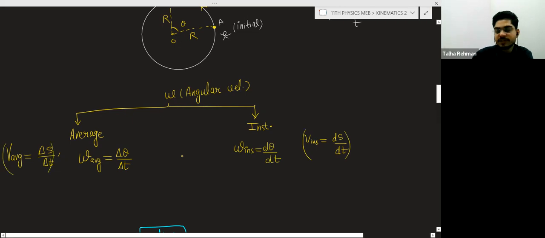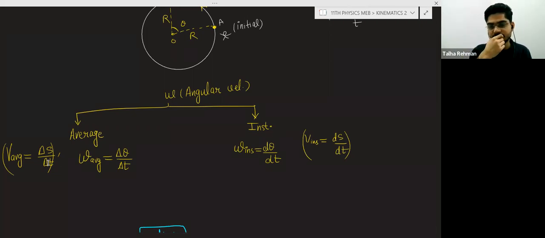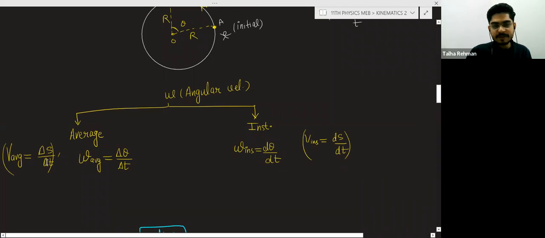So what is linear velocity? Average linear velocity is equal to delta s divided by delta t. What is delta s? Delta s is basically the displacement, total displacement divided by total time. Delta s by delta t is total displacement divided by total time.